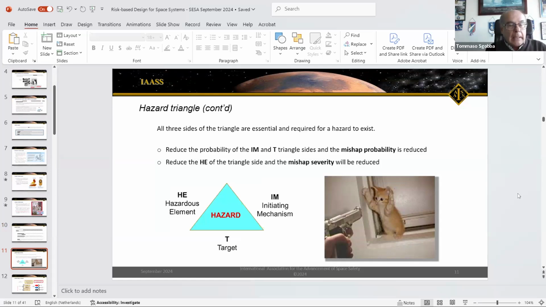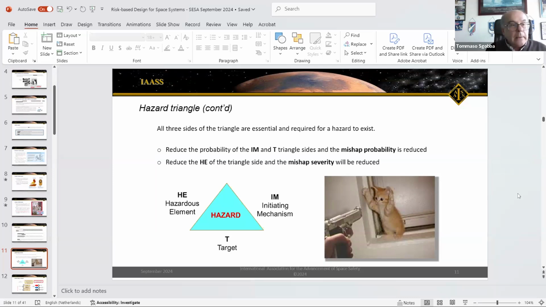I like this picture because it shows you a little bit the three elements at work. You have a cat, the target. You have the owner of the cat playing with a loaded gun. Inside the loaded gun, the hazardous element is the bullet, okay?